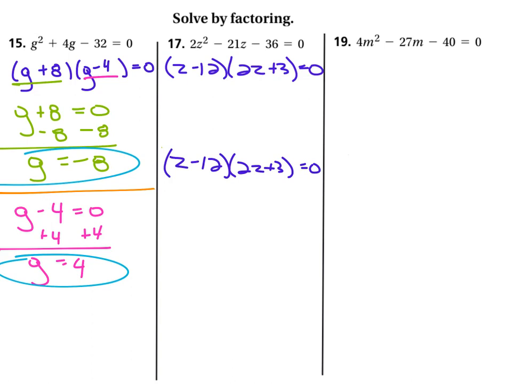And we will then take each one individually and set them equal to 0. So let's take z minus 12, set that equal to 0.